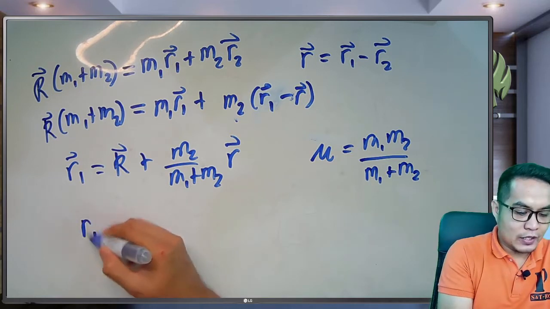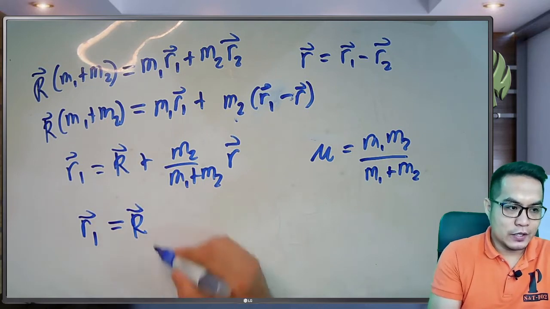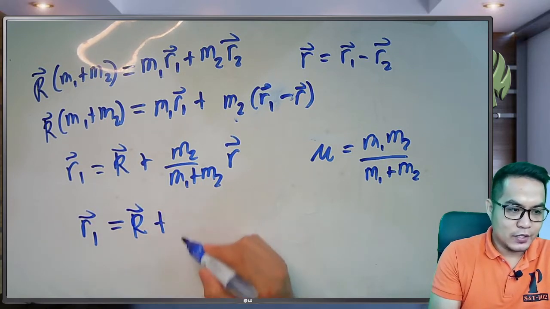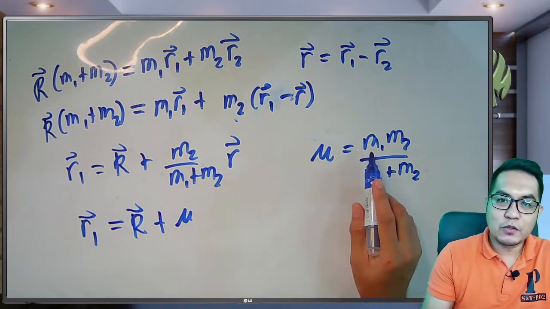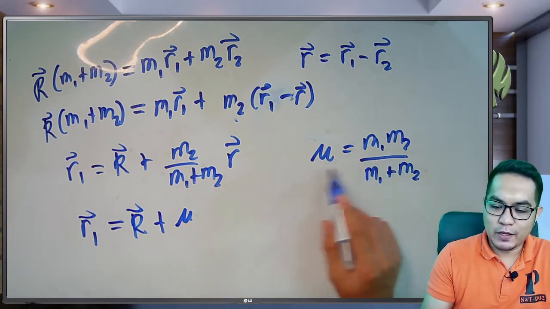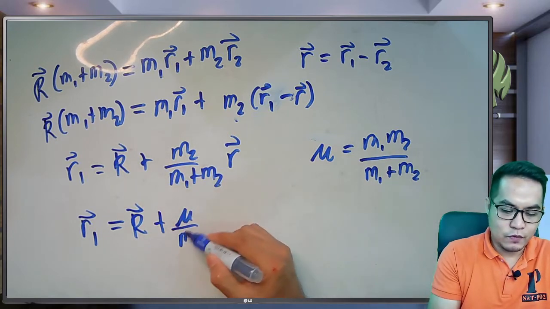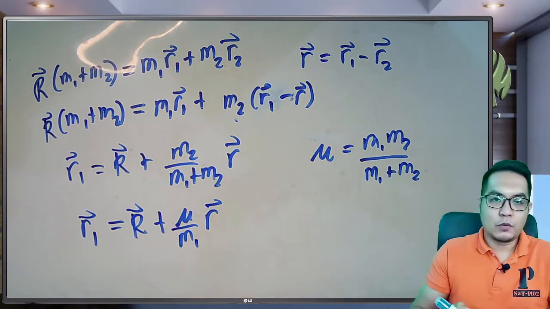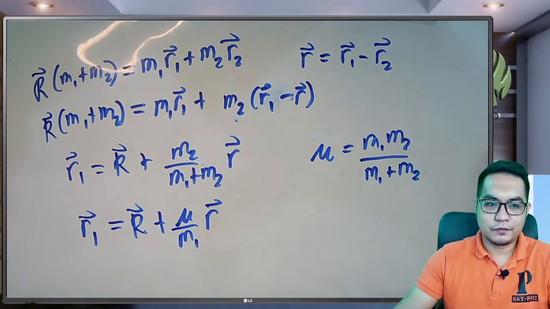So you can write r1 is equal to the center of mass, capital R, plus the reduced mass over, divided by m1. So divide by m1, so you will get m2 over m1 plus m2, so that one. So mu over m1, which is what we are asked to derive.